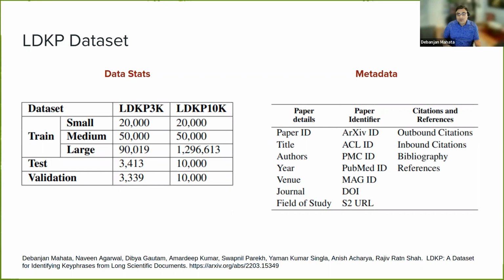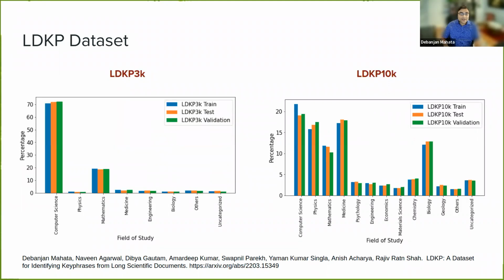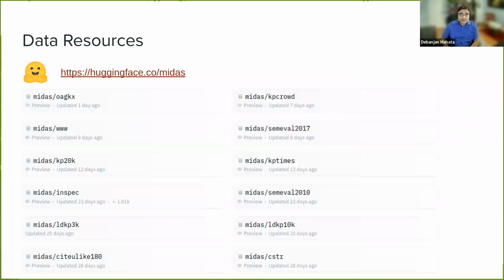There have been previous studies which say that you can use citation information to generate and extract better key phrases. This corpus is available publicly, and it has very good coverage of different kinds of domains. All of this is available on the Hugging Face Hub.